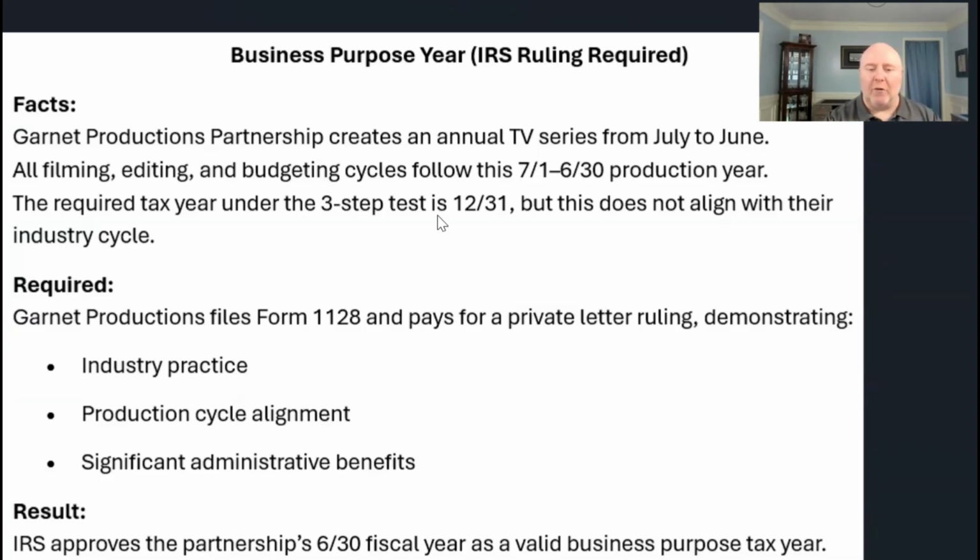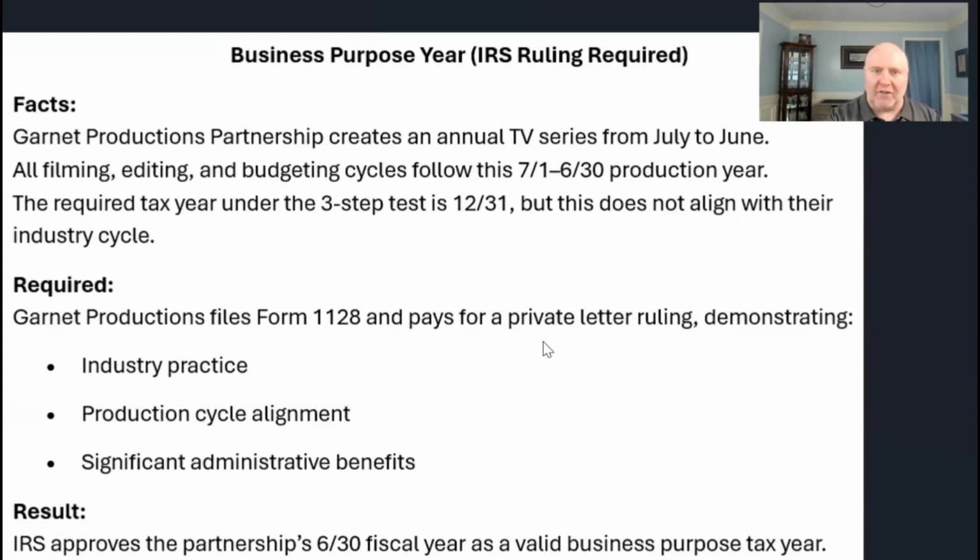So we're going to file Form 1128. We're going to pay for this ruling, and we're going to say, look, because of industry practices, our production cycle alignment, and administrative benefits, we're going to make our case for the IRS to grant us permission to adopt a business purpose year.